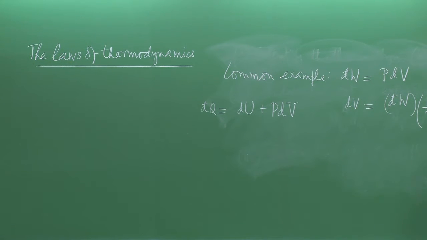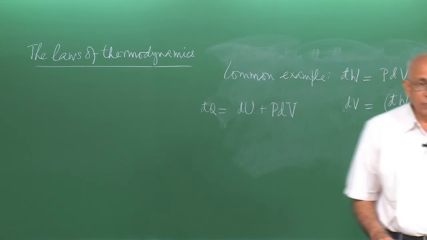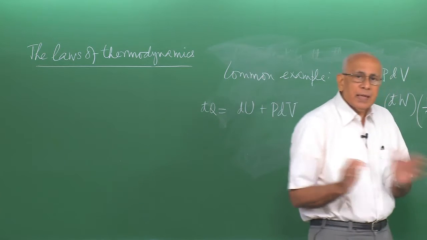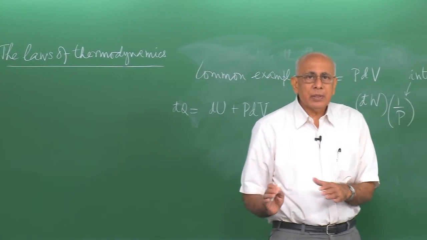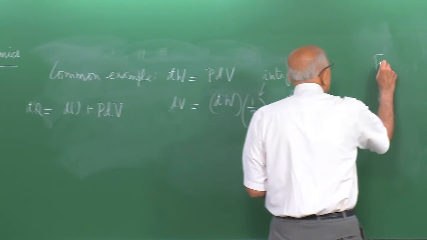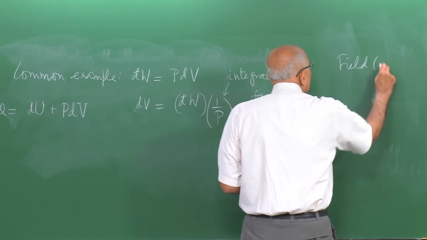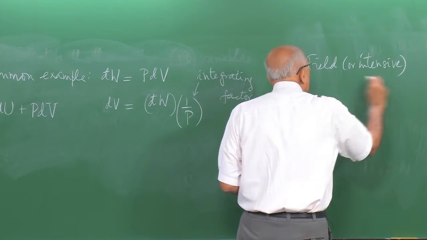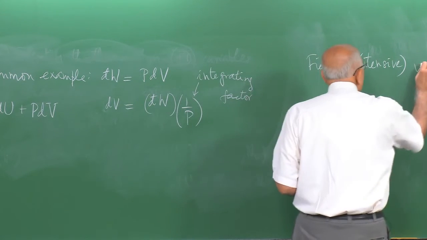You identify a set of intensive variables which are called field variables, and a set of extensive variables or response variables which are called state variables. So you have these so-called field or intensive variables. Field variables happen to be intensive variables.